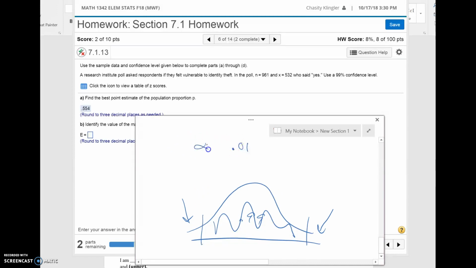That's going to be our alpha. So our alpha divided by 2 is going to be 0.005. So that's the area in your two tails. So we need this z-score right here, the z alpha divided by 2.